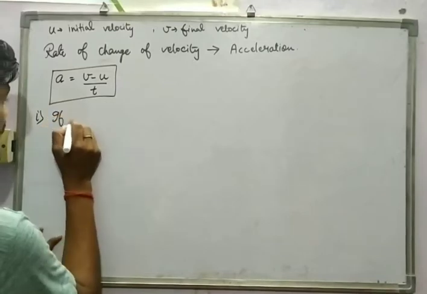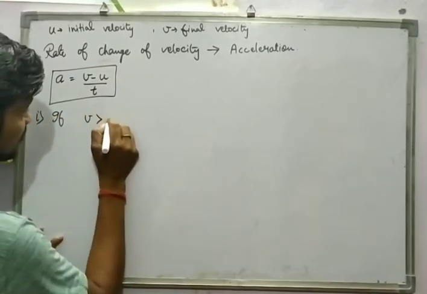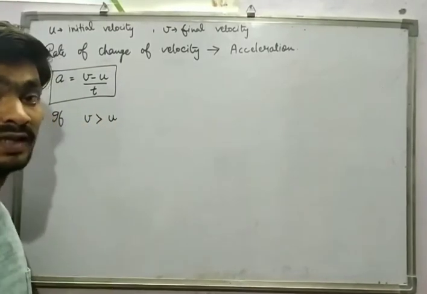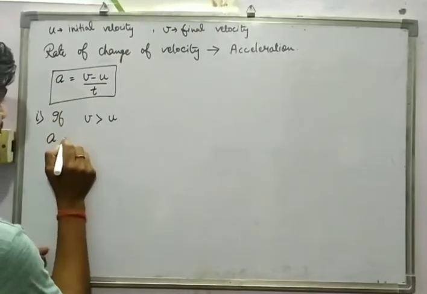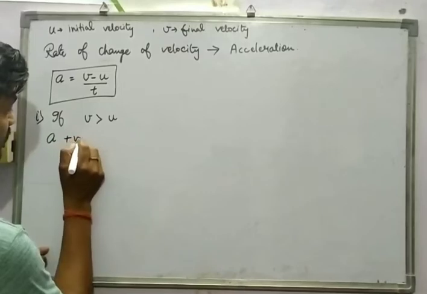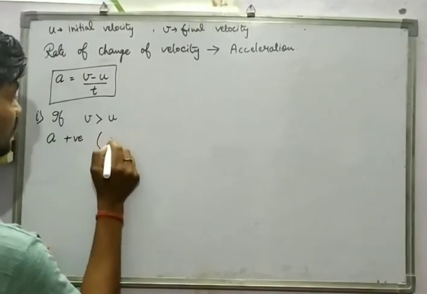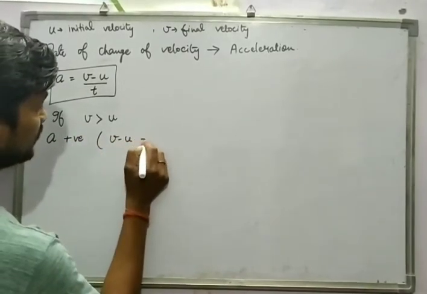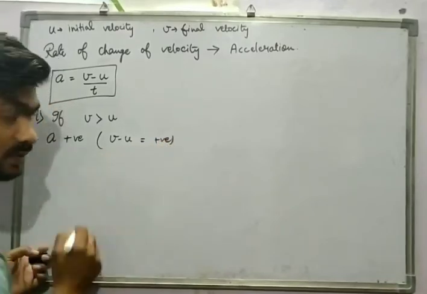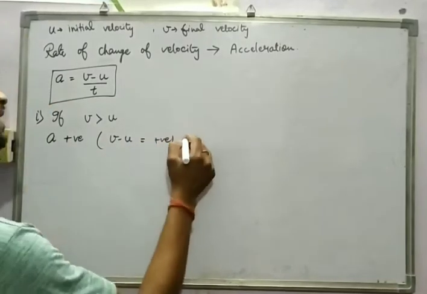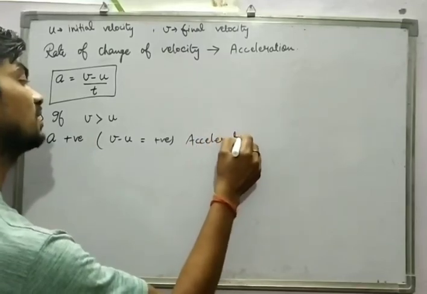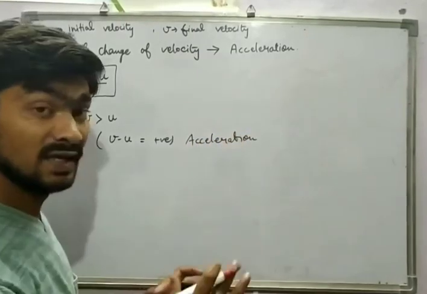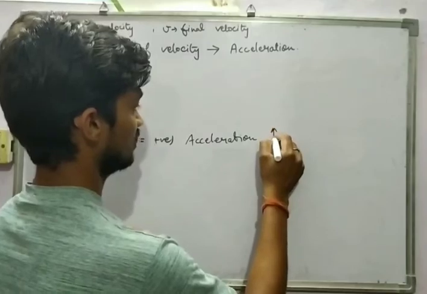If final velocity is greater than initial velocity, then we will get a value as positive. Why? Because v minus u will be some positive value. So here it will be acceleration. What do we call positive acceleration or simply acceleration? It will increase the speed.